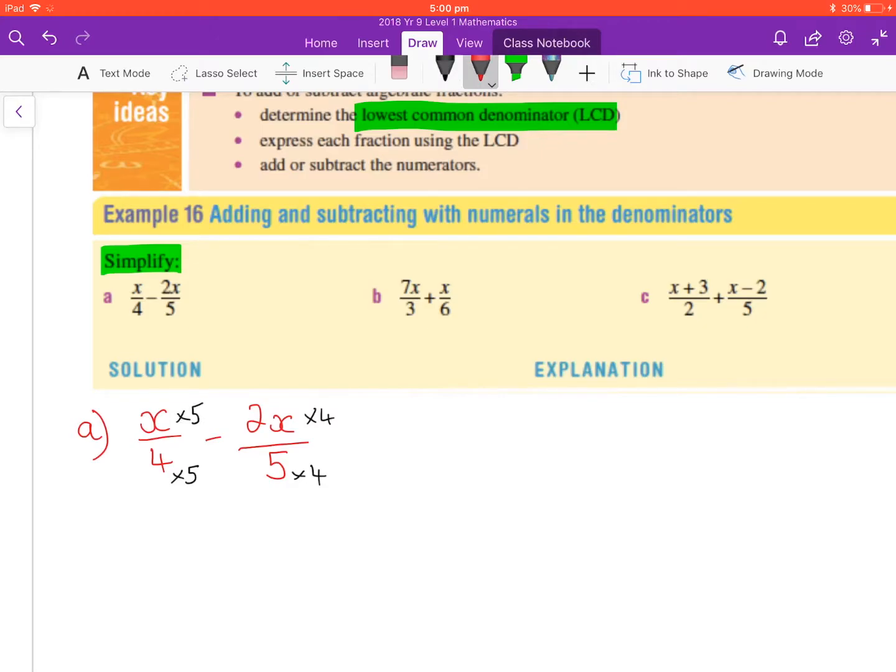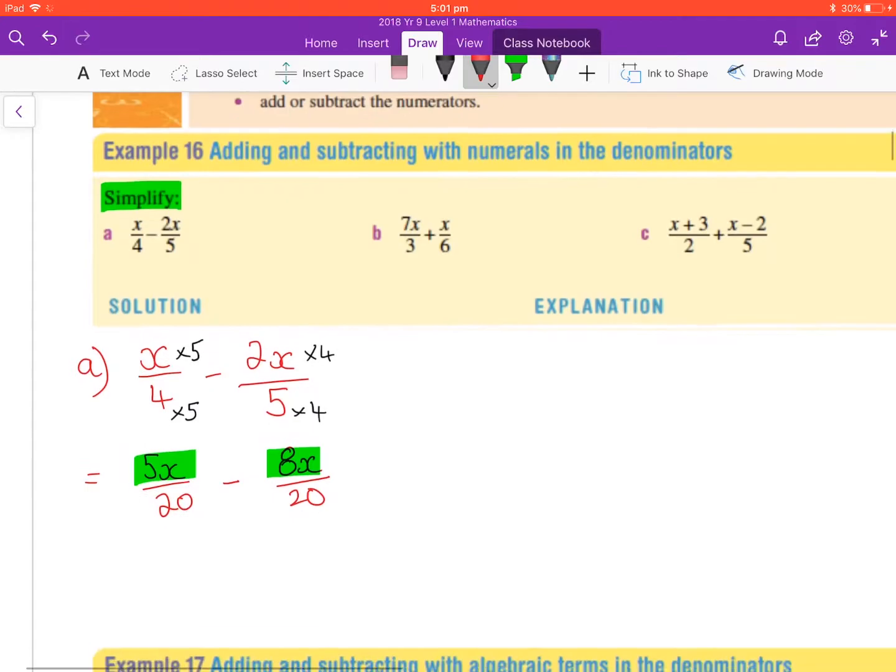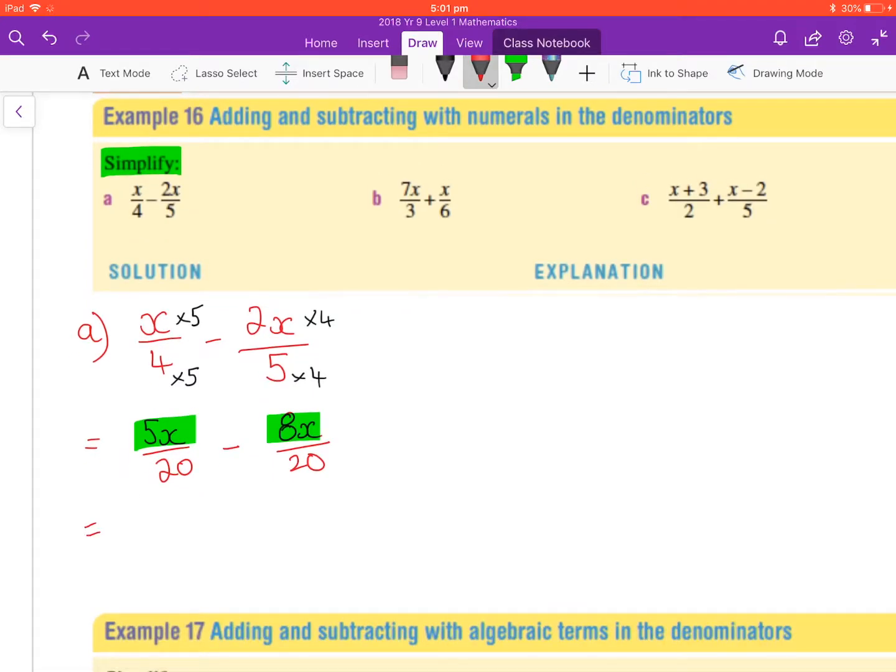Once you've established that, you end up with 5x over 20 minus 8x over 20. Like fractions, now you look at your numerators: 5x take 8x, because they are like terms, leaves me with negative 3x over 20.